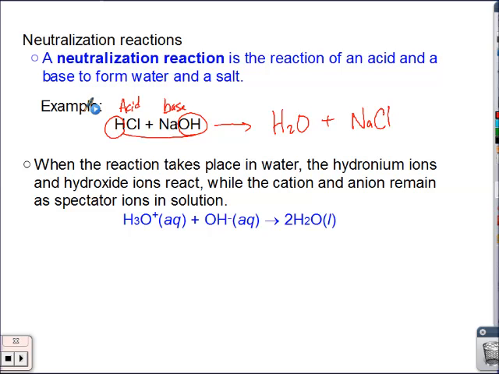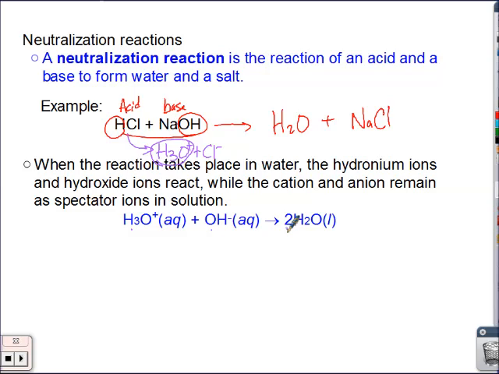When this reaction takes place in water, if you remember from our previous section, when HCl is in water it forms H3O+ and Cl-. This H3O+ is what's actually reacting with the OH-, so I can have two.